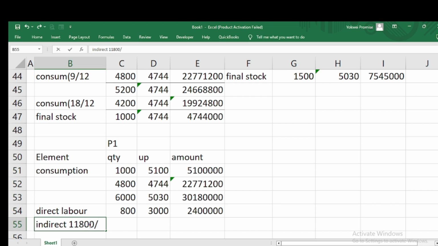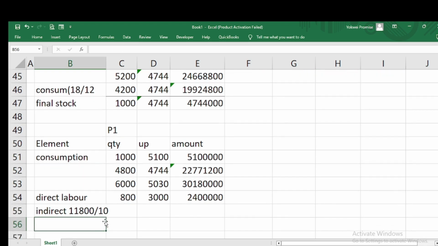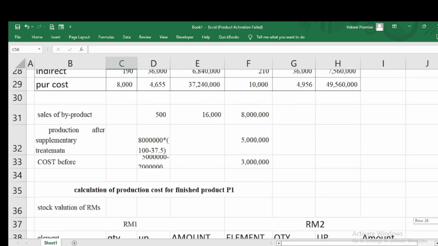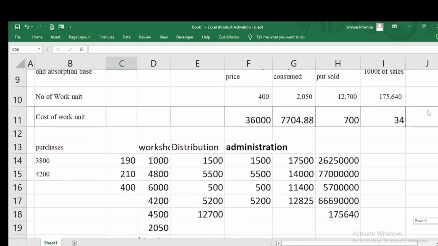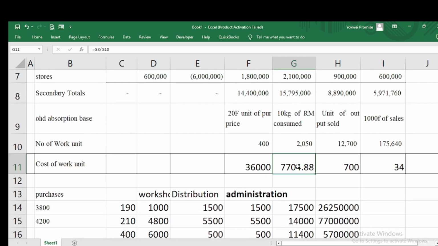And then we divide it by 10. That's what the apportionment table does there. So we have 11800 divided by 10, which gives 1180. What would be the unit price? We just go back to the apportionment table and copy it from there. What's the amount for workshop? So this is the figure.